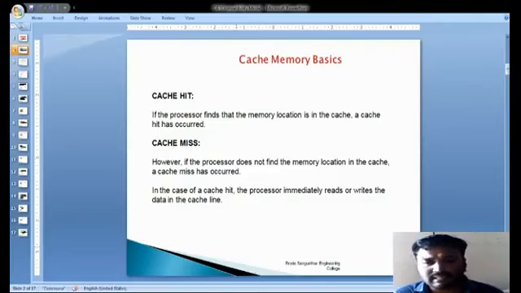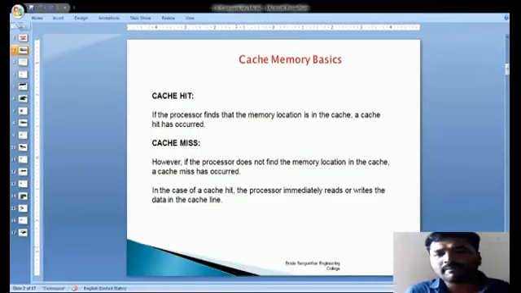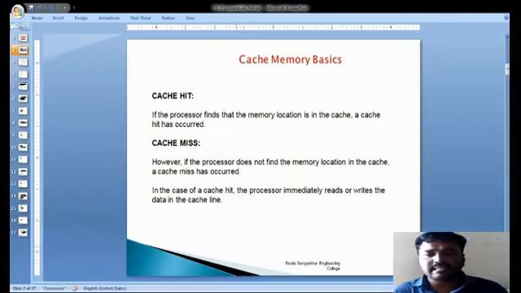If it is not present in the main memory, it will ask the cache memory, which will find whether the data is present in itself. If the memory location of the requested file is present inside the cache, it is considered a cache hit. If the processor does not find the memory location within the cache memory, a cache miss has occurred.